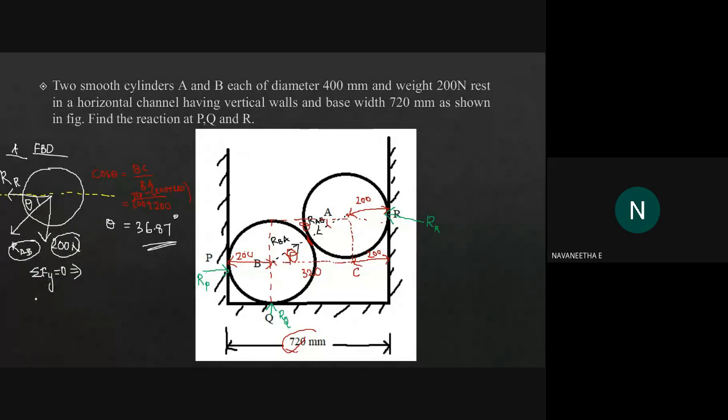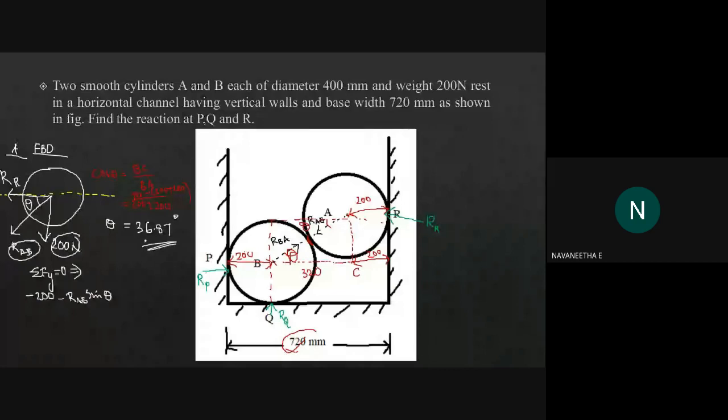We need to resolve the force RAB into two components, RAB cos theta and RAB sin theta. So sigma Fy equals negative 200, because it is acting in the downward direction, plus RAB sin theta.